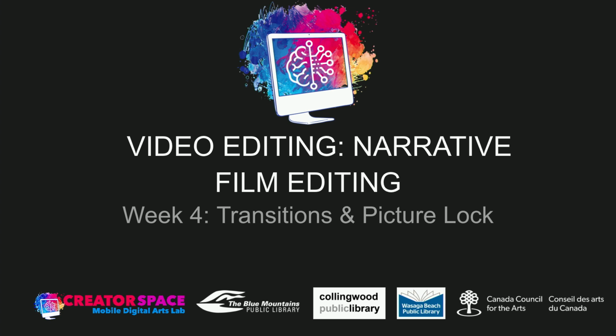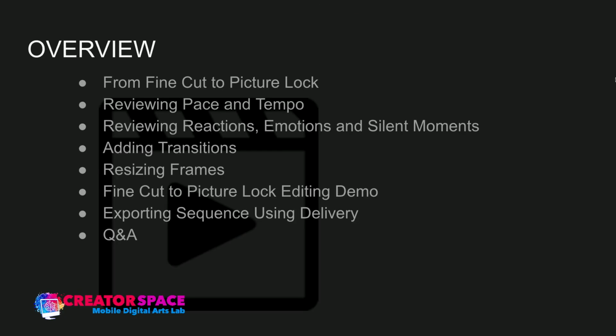It's again a really cool time that we've been able to go from these different stages, so let's look at what we'll talk about today. We're going to look at how we go from fine cut to picture lock. We're going to review pace and tempo to make sure we're happy with how that structure works, and we'll be reviewing reactions, emotions, and silent moments, so that whole cutting to the other characters' reactions and things like that.